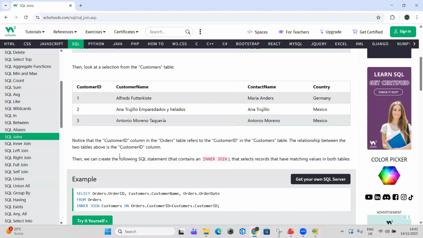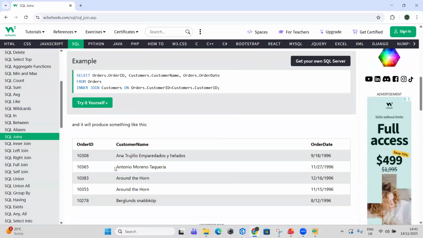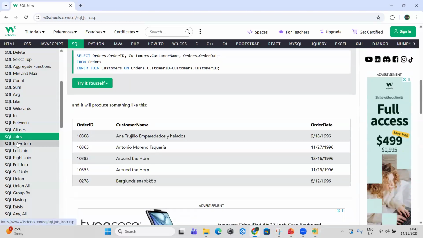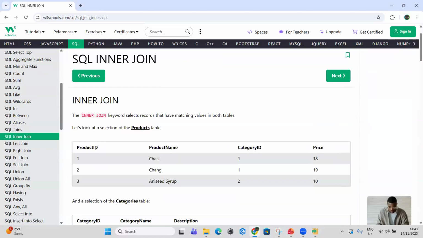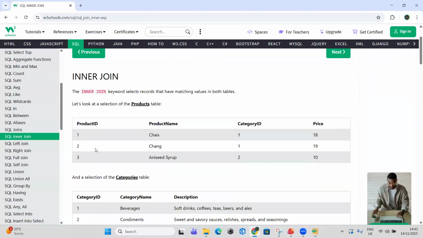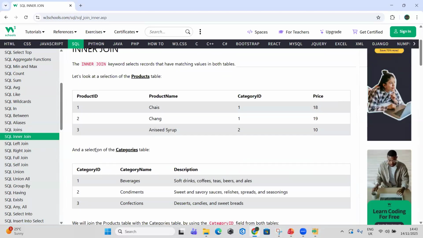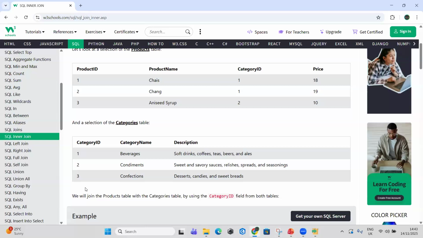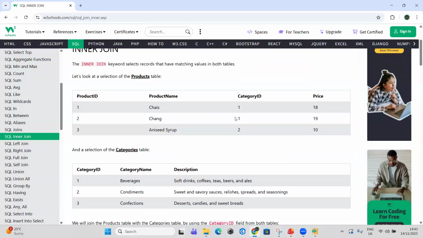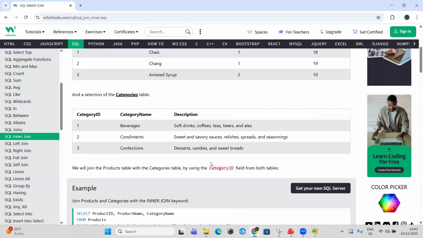Okay, let it install maybe. So after inner join, we go to inner join specifically. Now you see they have mentioned two tables. One is called products, one is called categories. So the common one is the category ID here, right? So they will perform an inner join based on the category ID.